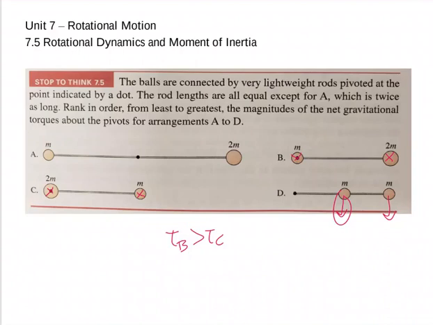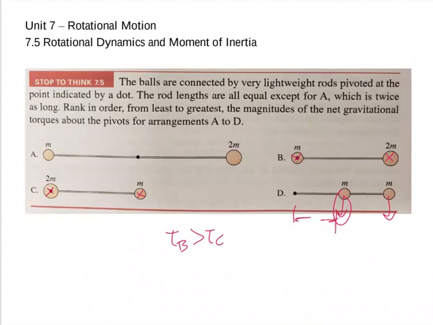Okay. Well, now what about the torque on D compared to the torque on B? I think D is less than B. You think D is less than B? How come? Because you have double the mass at the very outer edge where you only have one mass on the very outer edge, and then you have another mass in the middle. Yeah, because this guy is not as far out, right?